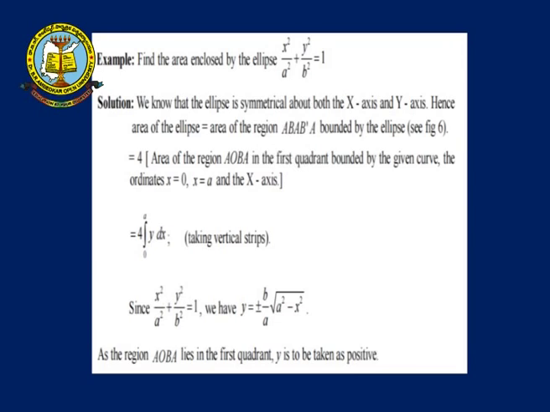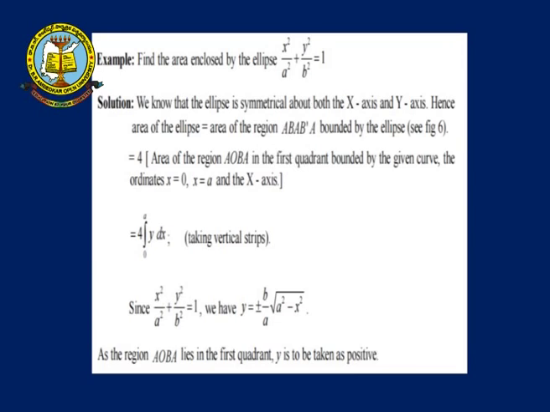The total area of the ellipse I am converting into 4 times the single first quadrant area, in the dx form, in terms of x. So it equals 4 times the integral from 0 to a of y dx. This is taking vertical steps.